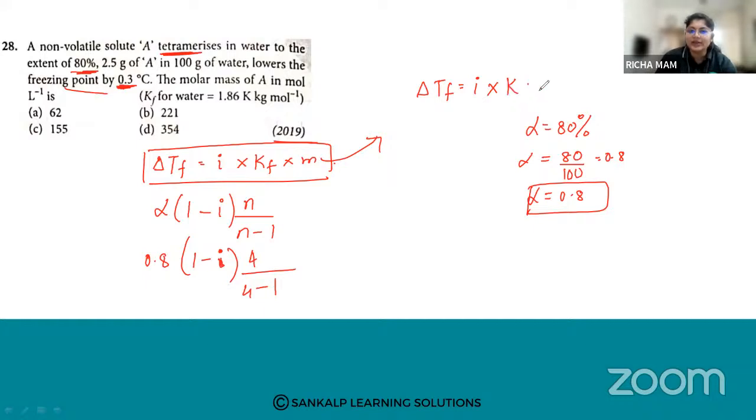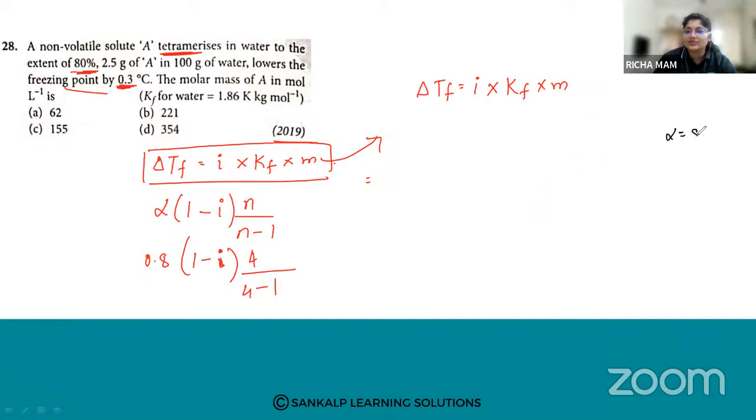So I into KF into M. I'll erase this and write it this side. Alpha is equal to 80%, that is 80 by 100, so alpha is 0.8. Let us put in the values. So this is 0.3, I. Then what is I?